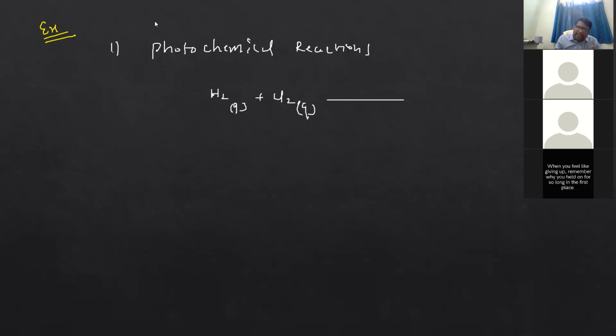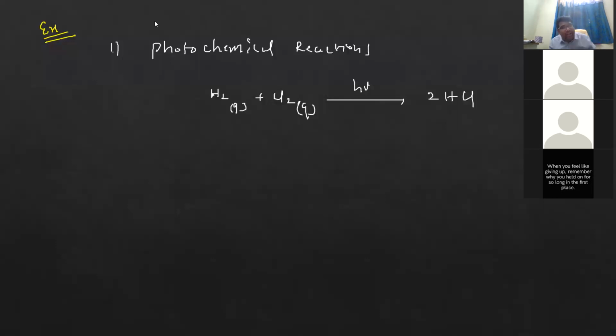First example is photochemical reactions. Photochemical reactions are examples of zero order reaction. For example, H2 gas plus Cl2 gas in the presence of h nu light gives 2HCl. This is a photochemical reaction.